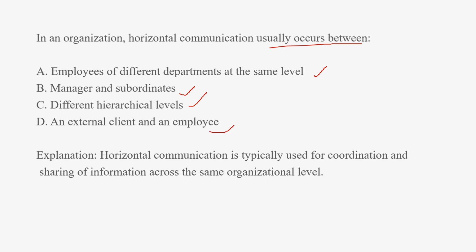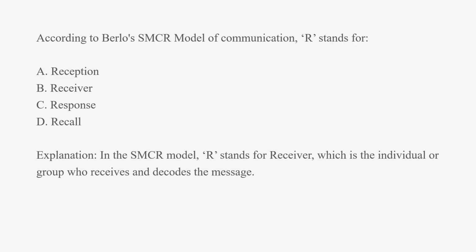So here the right answer is employees of different departments at the same level. According to Berlo's SMCR model of communication, what does R stand for? The R stands for receiver. The right answer is receiver.